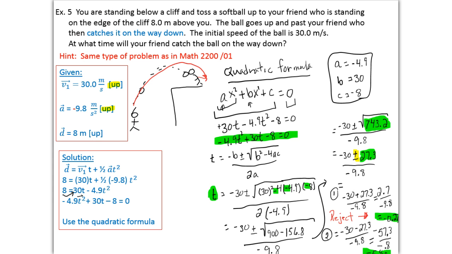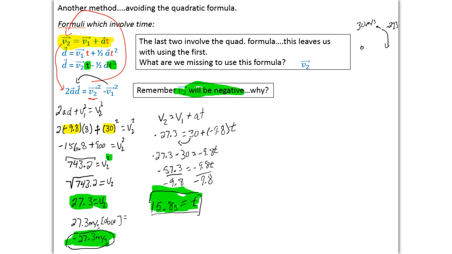And if we look back here, some of these steps, you'd seen these numbers, right? You had 900 subtract 156. You were taking the square root of 743.2. Well, that's the same back here. So what this step does is break the quadratic formula down into a couple of steps.